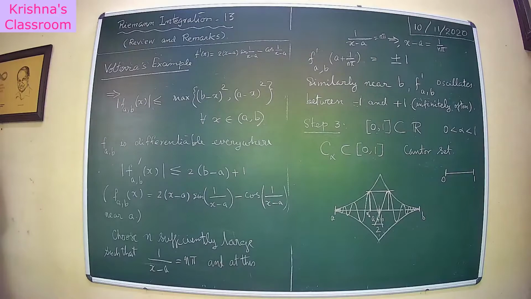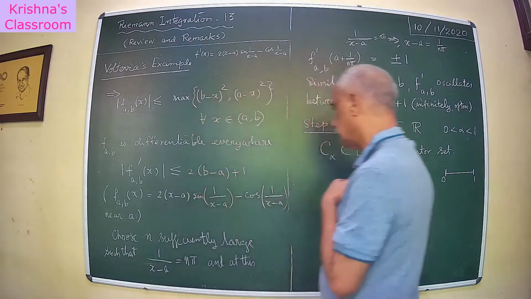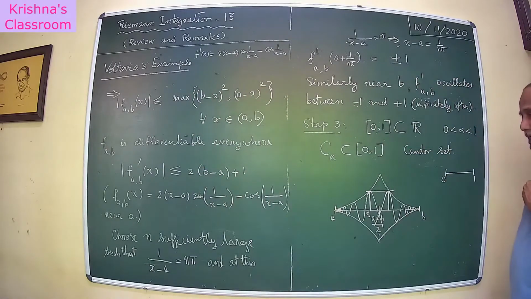Therefore, it is not a null set. Since it is not a null set, the derivative of the function f that you construct is not a Riemann integrable function. Now this is the objective.